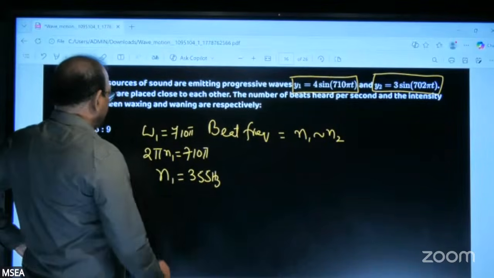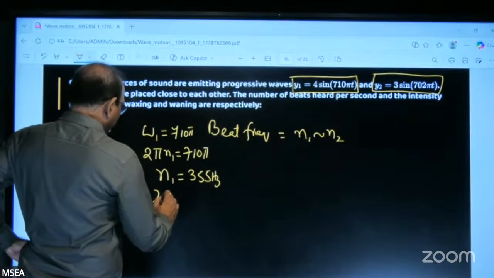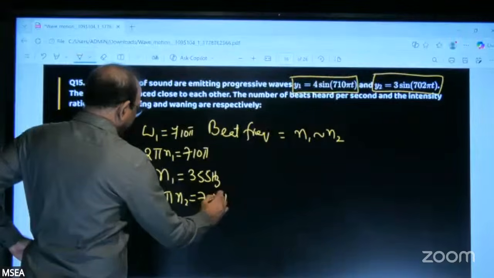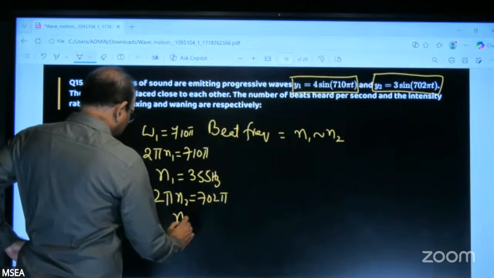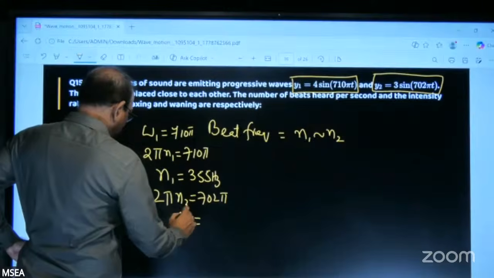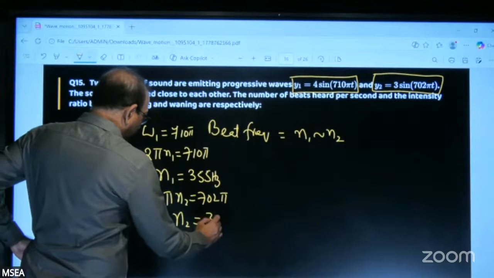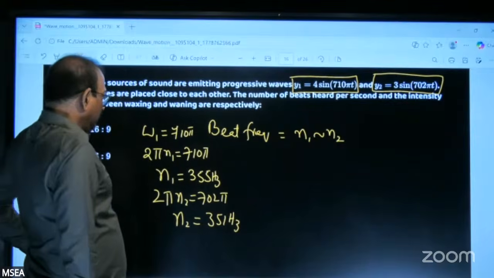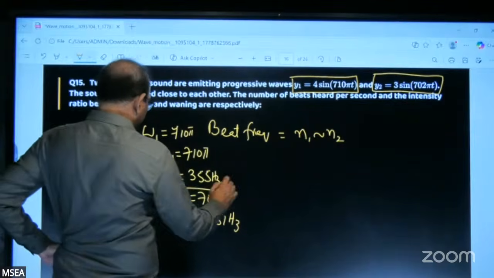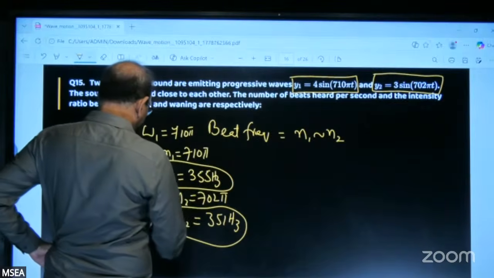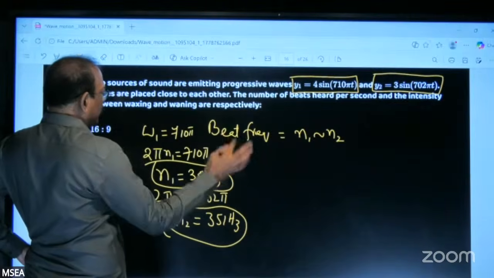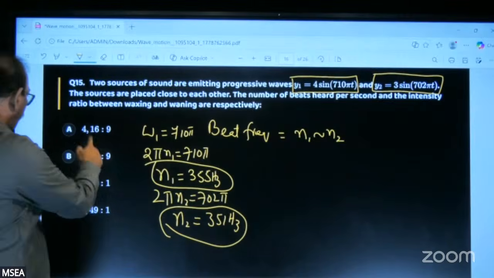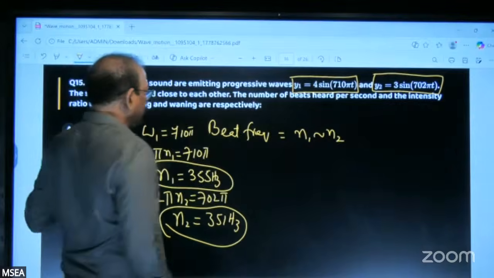Like that, the second one, 2 pi N2 is 702 pi, pi cancels, N2 is 702 by 2, 351. So one wave frequency is 355, the other is 351. The difference of these two is 4. So the number of beats is 4. Options A and C, two options are there.